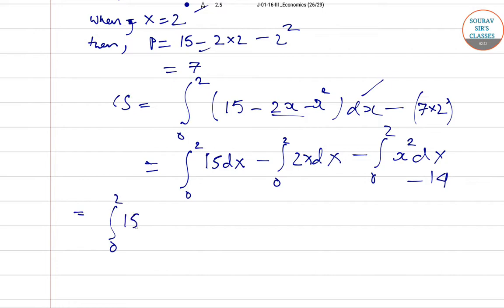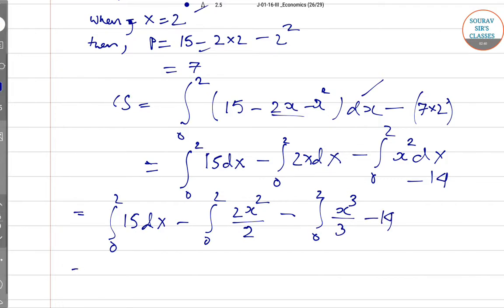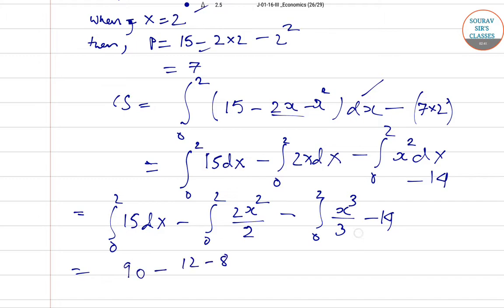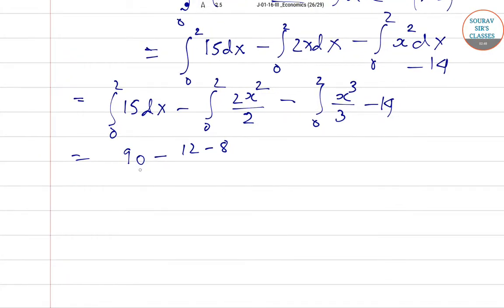If you solve further, you get 0 to 2 of 15 dx minus 0 to 2 of 2x square by 2, minus 0 to 2 of x to the power 3 by 3, minus 14. Now putting in the values, you get 30 minus 4 minus 8 by 3 minus 14.